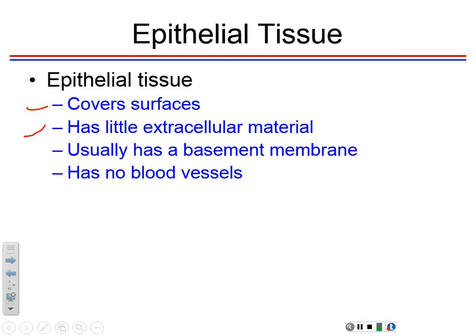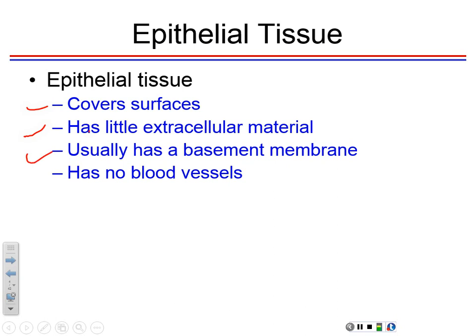Connective tissue has a whole bunch of extracellular material and few cells. All right, but epithelial is mostly cells, very little extracellular material. So you can see that epithelial tissues will be classified according to the cell shape, according to the number of layers, because there's mostly cells.